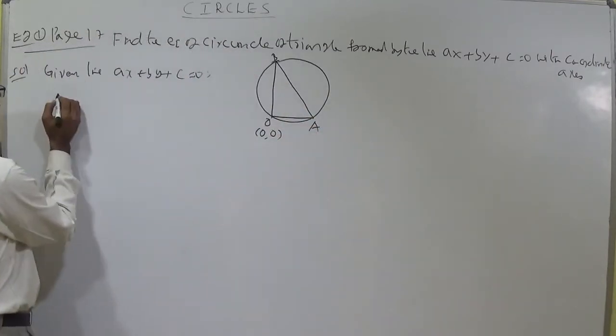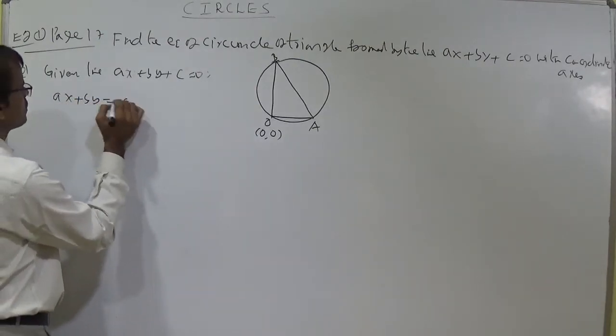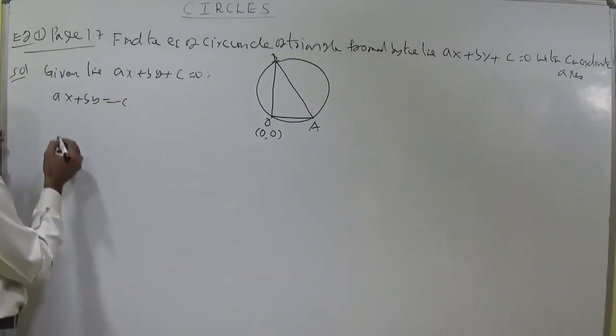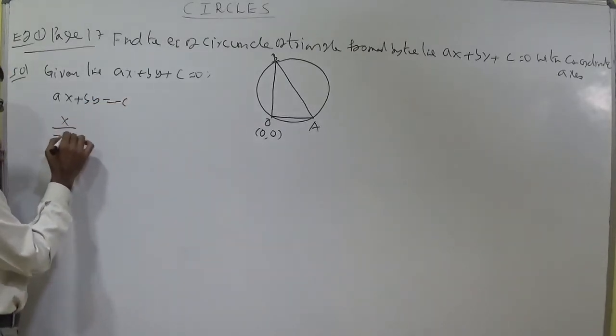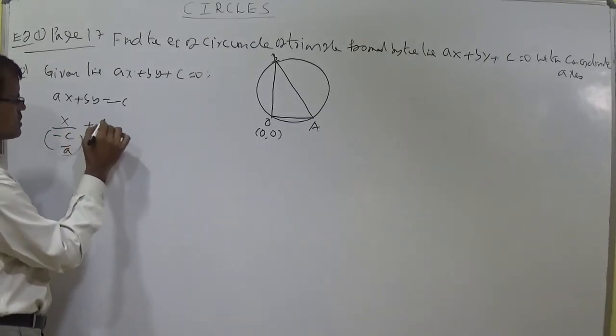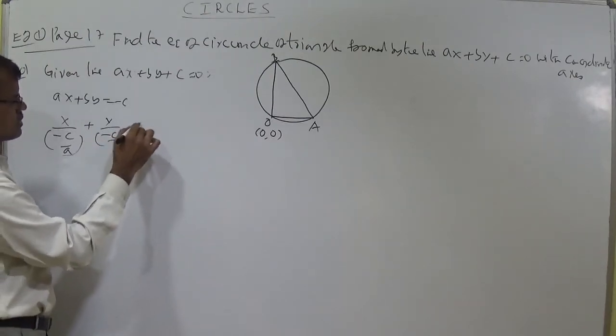So we can think of this as ax + by = -c. Like the equation of a straight line in intercept form, dividing by -c we can write x by (-c/a) plus y by (-c/b) is equal to 1.